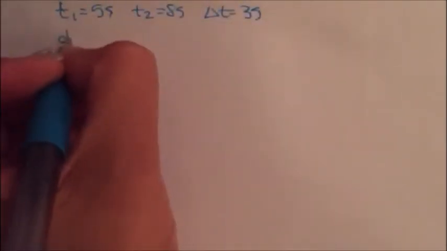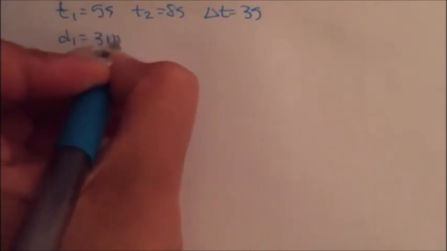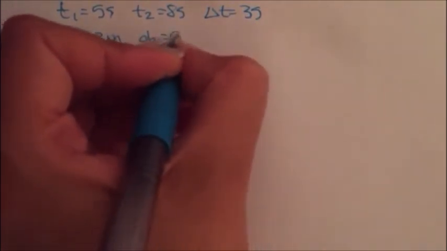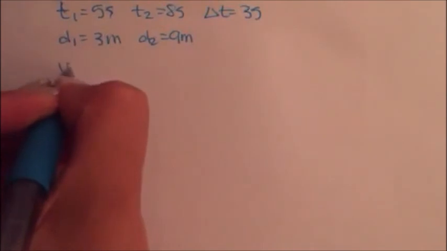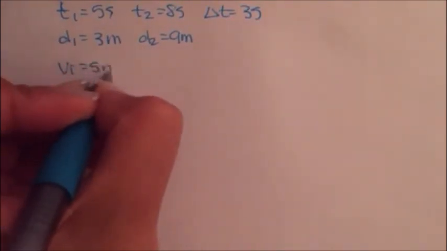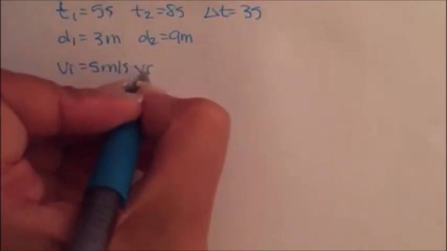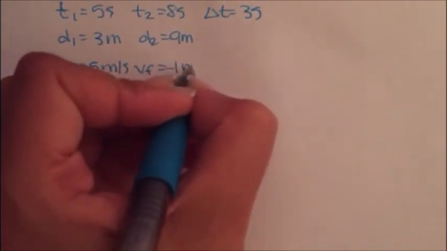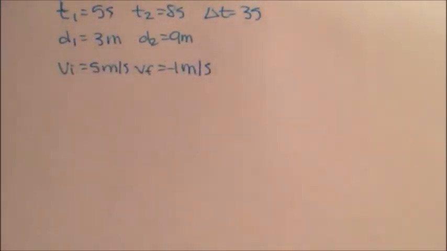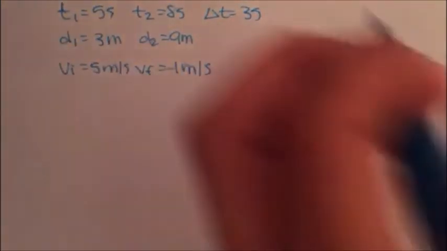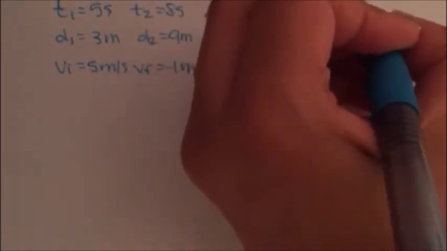We know the distance 1 is 3 meters. Distance 2 is 9 meters. And then we know velocity initial is 5 meters per second, and velocity final is negative 1 meters per second. So there are different equations, again, that you can relate these to, but I like using that velocity final is velocity initial plus acceleration times time.